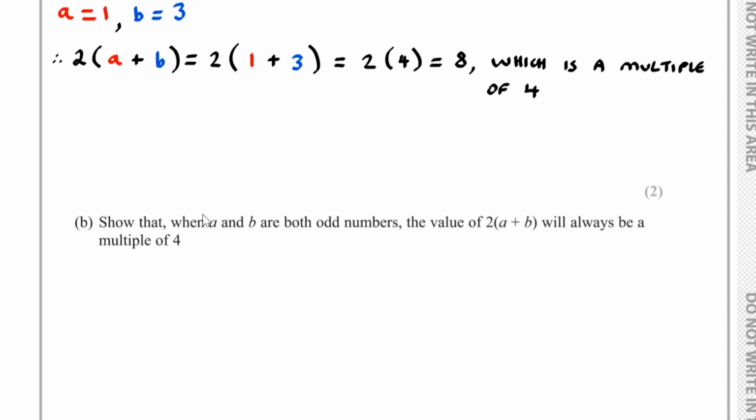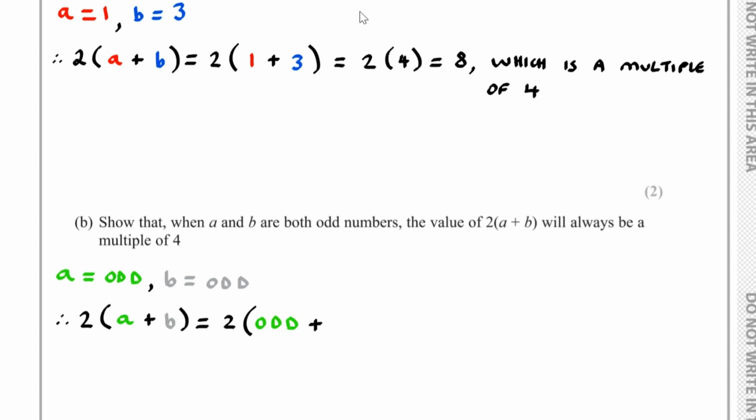So if we have A being odd and we also have B being odd, then 2 times by A plus B, we're going to have 2 times by an odd number plus another odd number.